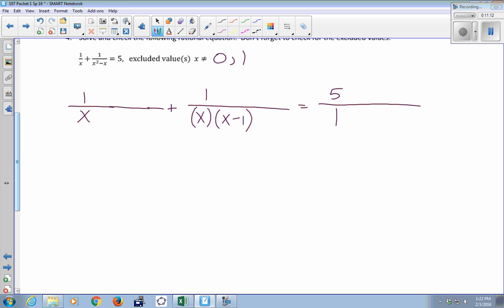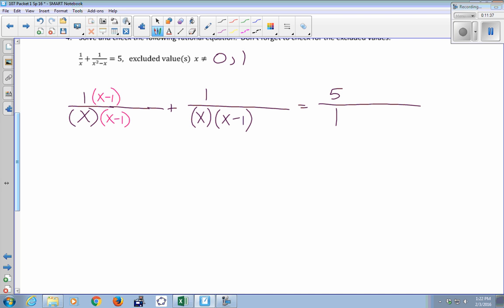So my 1 over x, it's got an x in its denominator, right? And it looks at its neighbor and it's like, oh, you have an x, I have an x, that's cool, right? And then it says, but you have an x minus 1 and I don't. I'd like an x minus 1. Okay. So we have to give an x minus 1 to this denominator. And we also have to put it in the numerator.